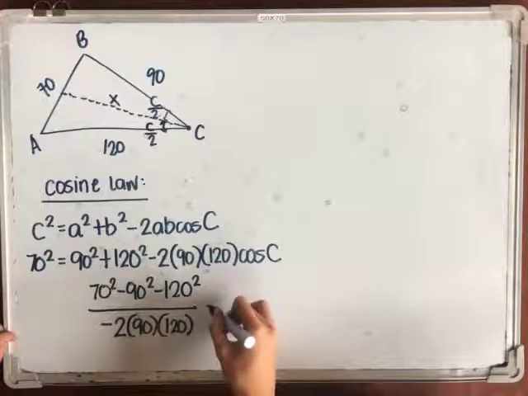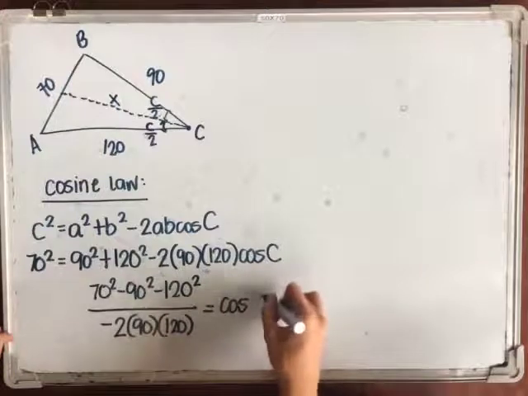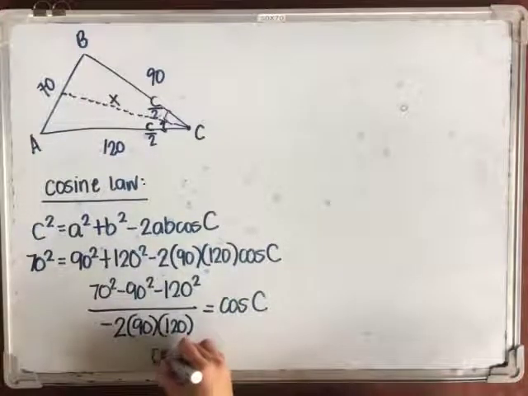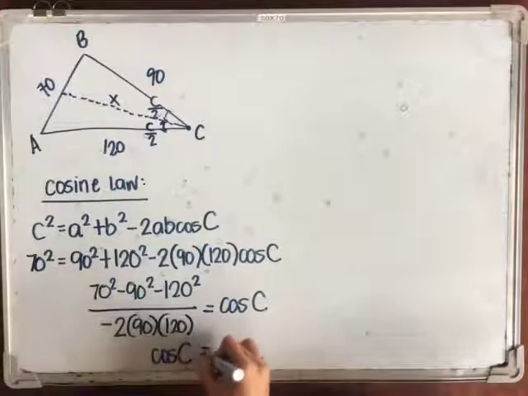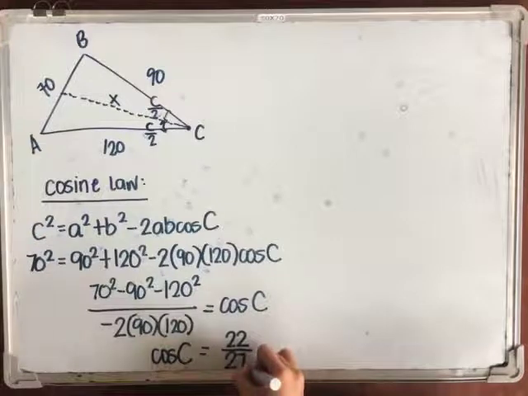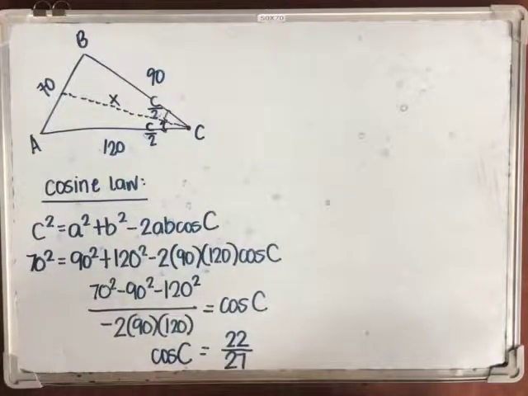That is equal to cosine of angle C. Okay? Computing that one now, that would give us how much? Your cosine C, therefore, would become 22 over 27. Take arc cos of C.